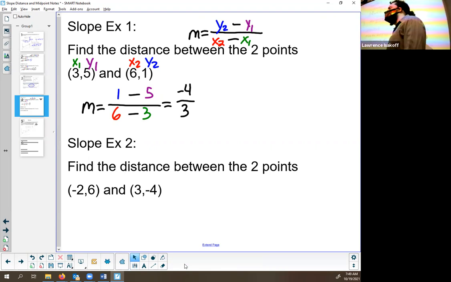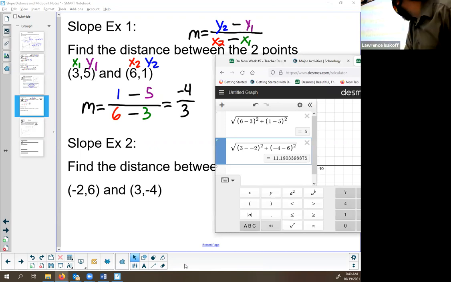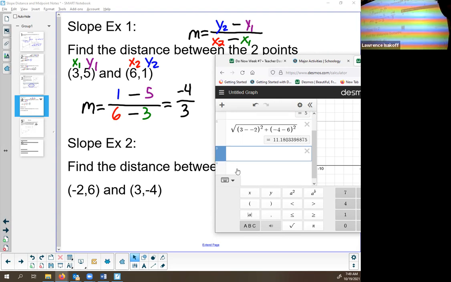Now, if you're saying I'm not a big fan of doing the math in my head, let's utilize Desmos here. Watch this. I'm going to type this exactly how it looks. Now, I'm going to show you how to do this right.